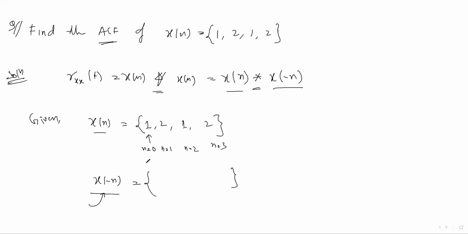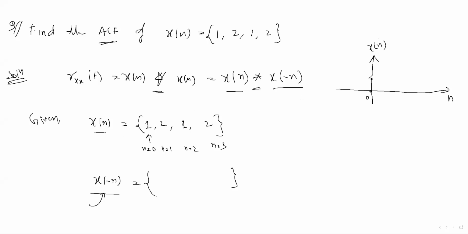Discrete time signal, what is the folded signal? This x-axis is represented by n, is it not? This is 0. Suppose this is x of n we are going to draw. At n equal to 0, what is the value? It is 1.